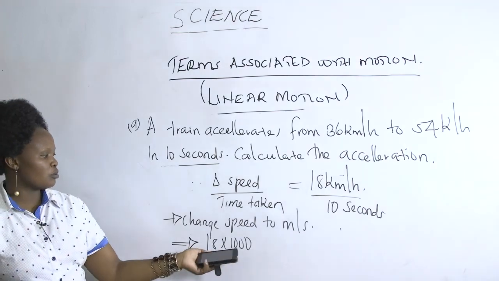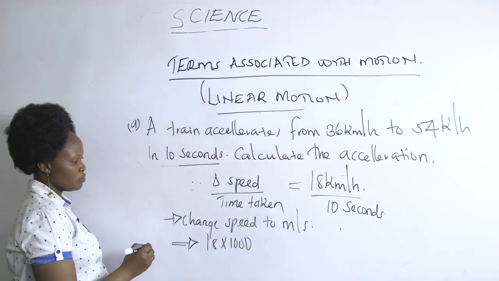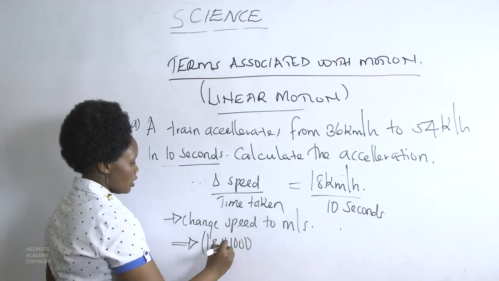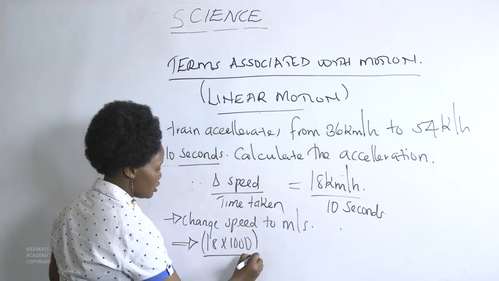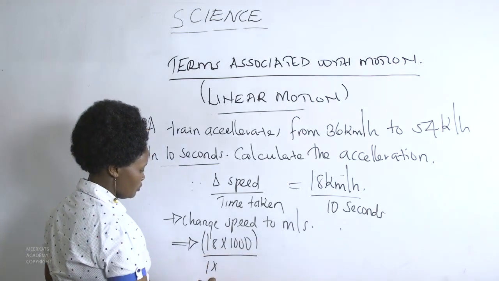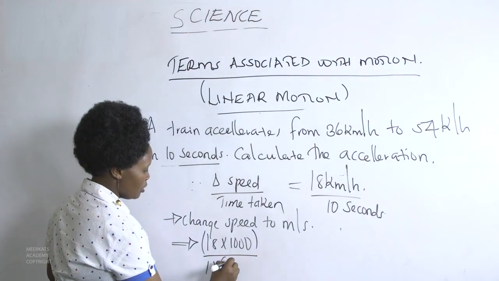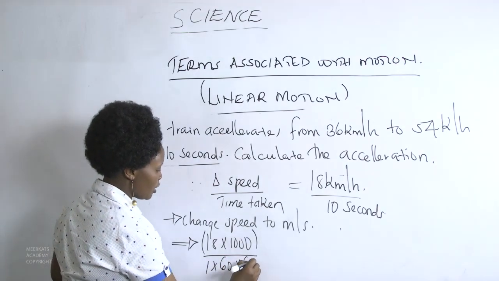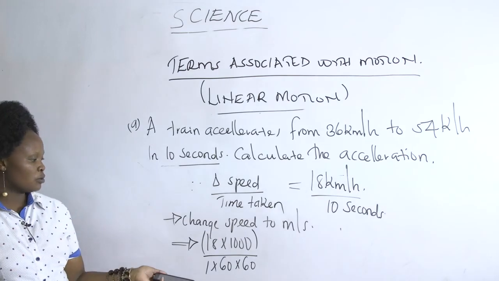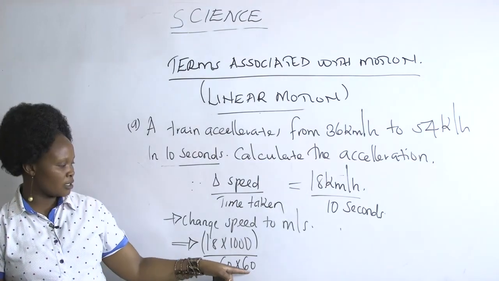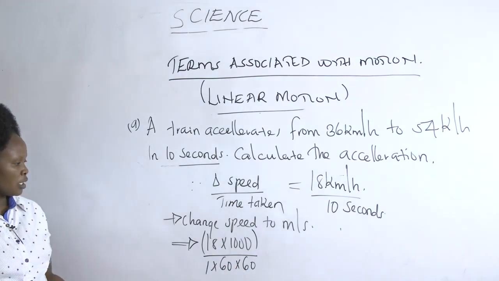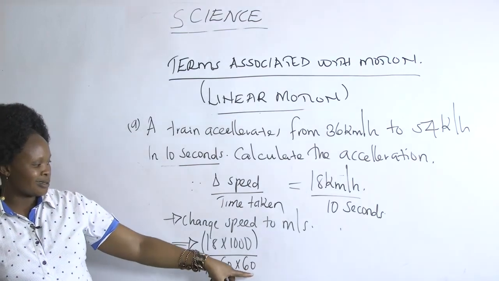We want to change them to meters. We multiply by 1,000. And per hour, so we multiply by 60 to change the 1 hour into minutes, and again by 60 to change the minutes to seconds.